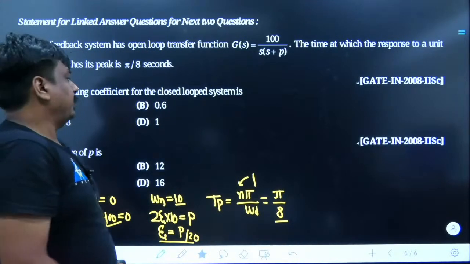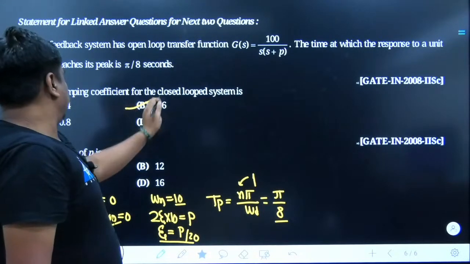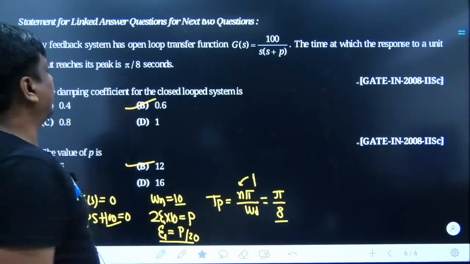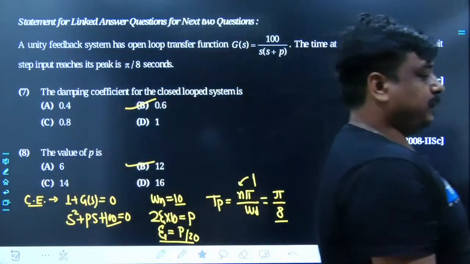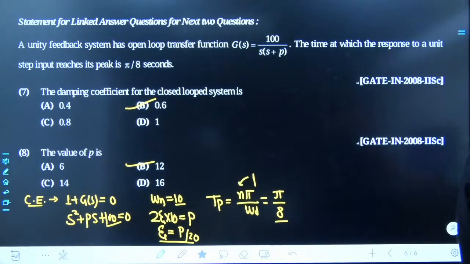So many questions we have taken so far, you guys would be able to relate this very well. So Nissan, perfect. The best answer is option B alone. Yes, option B alone.